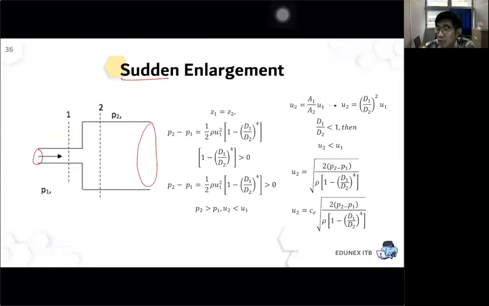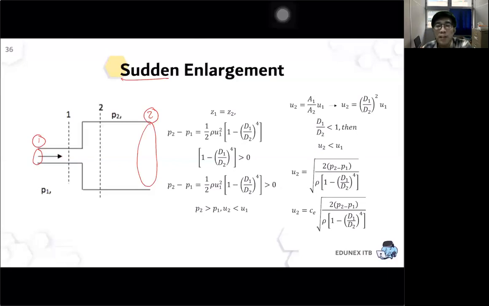So you can take position 1 here, position 2 here, inlet and outlet. If you compare at position 1 and position 2, how to derive the mass balance and the Bernoulli equation is exactly the same, because mass balance and energy balance only compare two different points. So we do not see how the fluid flows throughout the fitting.